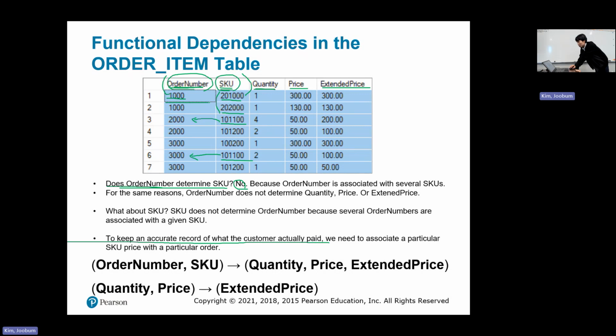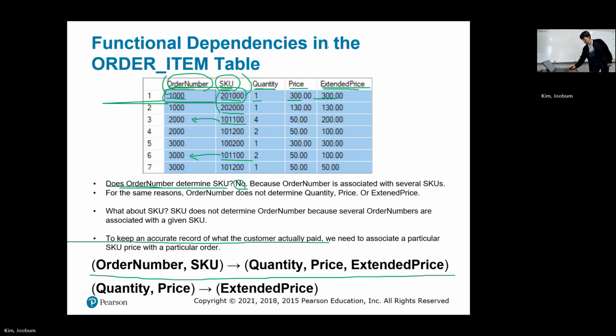This is unique, right? It determines quantity, price, and extended price. So we can write the first functional dependency. In that case, order number and SKU are a composite determinant. And also, quantity and price determine extended price.